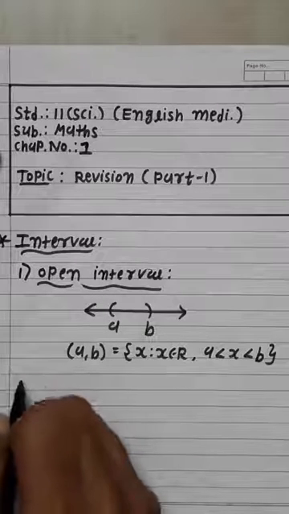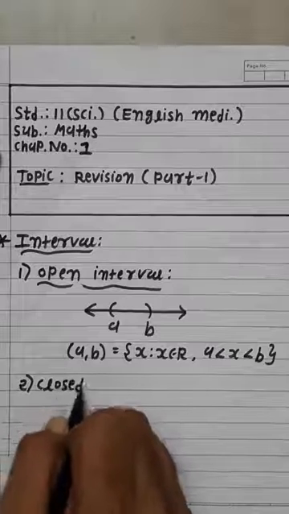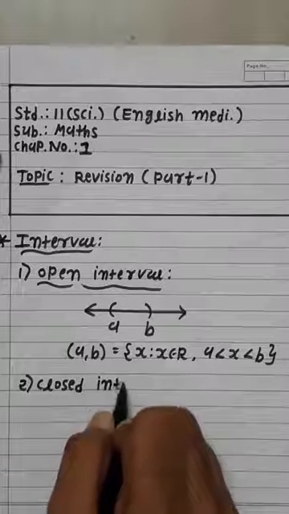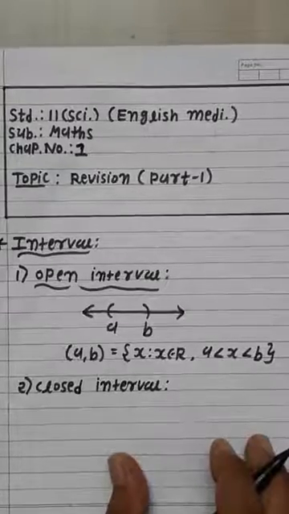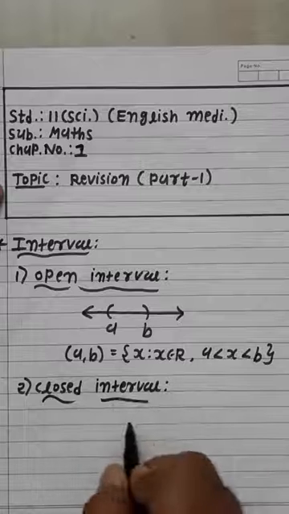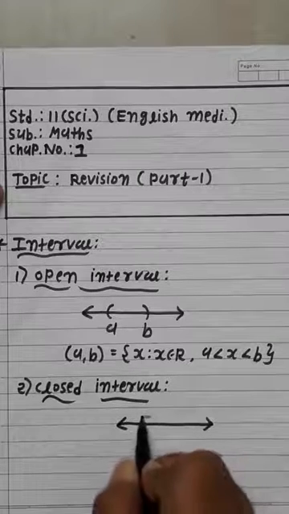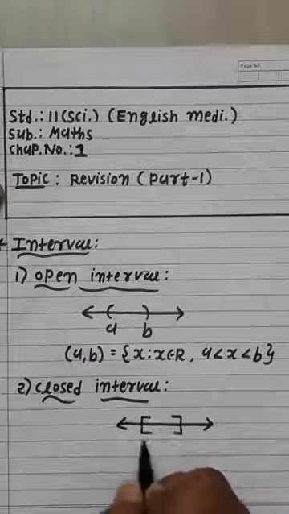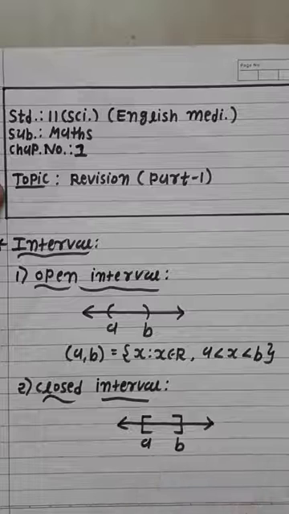Now the second interval, closed interval. In a closed interval, we apply the big bracket [a, b]. Now what is the meaning of this interval?